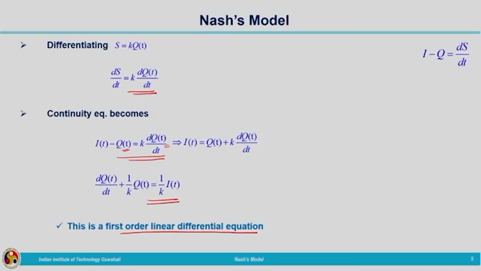So, the equation is now in the form of a first order linear differential equation. You must already know how to find the solution for an ordinary linear differential equation, and different techniques for finding the solution of an ODE.